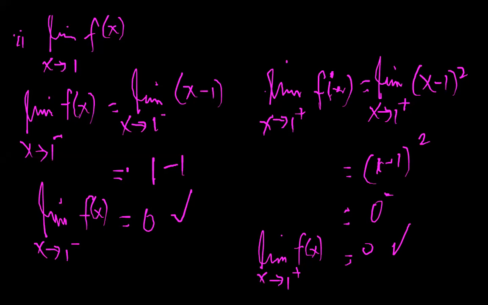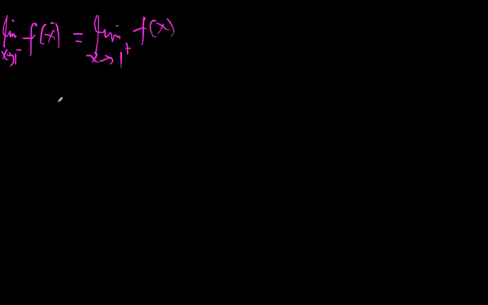So if we're going to check, both limits are equal to 0, and they're both existing. So therefore, we could say that for continuity, the limit as x approaches 1 from the left is equal to the limit of f of x as x approaches 1 from the right.